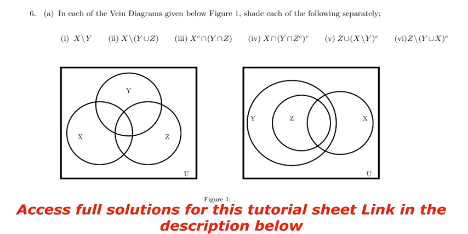Part 4 is saying x intersection open, y intersection z complement, and we also have a complement outside. Go ahead and simplify first, because you can't answer like that. This will be x intersection open, y. Now we multiply everything by the complement which is outside. So this will become y complement.